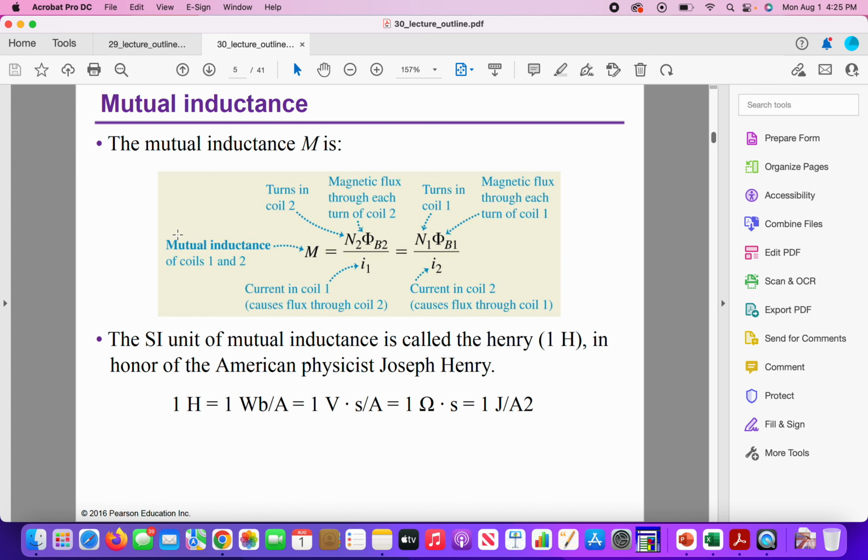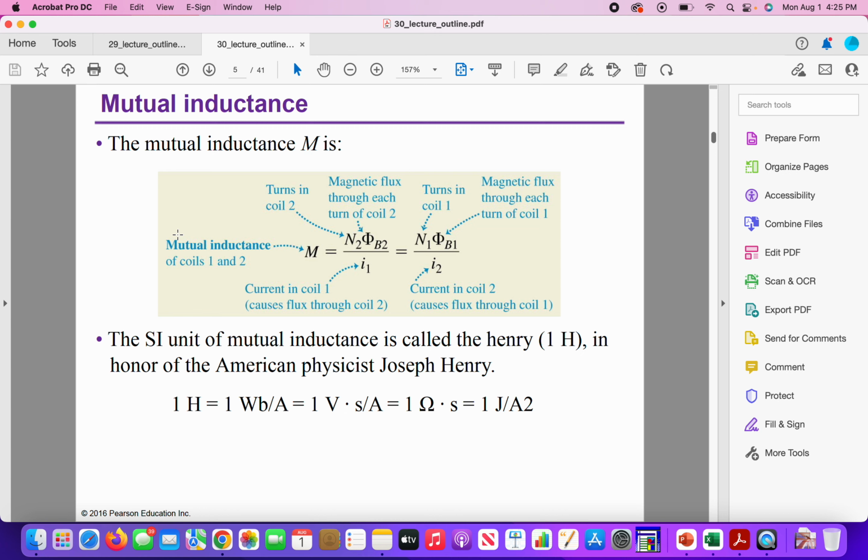The mutual inductance is going to be M equals N2, the number of turns, times the magnetic flux phi B in coil 2, divided by the current from coil 1, because the current in coil 1 is the one that causes the flux through coil 2.